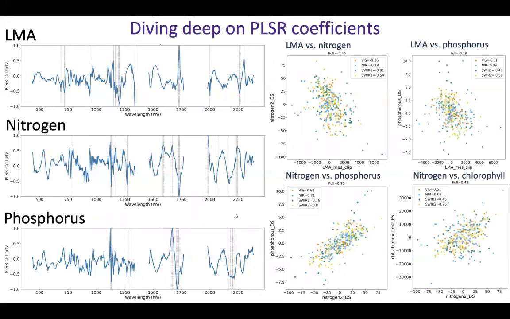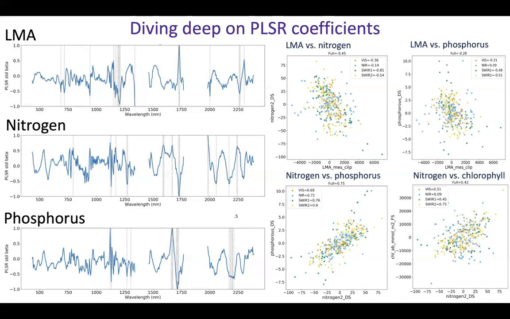So my question for you is, do you believe this? And if I had an audience full of people who worked with hyperspectral imagery all the time, there would be skeptics in the audience, and for good reason, because a lot of this is actually based on empirical methods. And so the question is, are we actually mapping LMA, nitrogen, and phosphorus, for example, or are we actually detecting something that's really highly correlated with it?